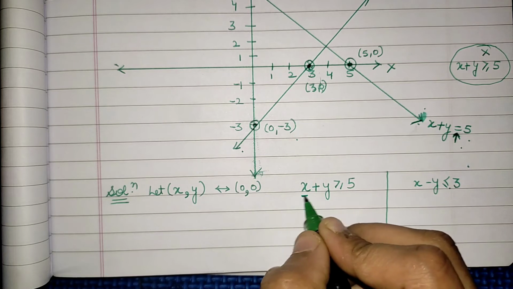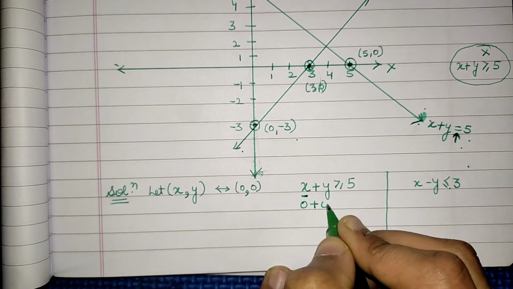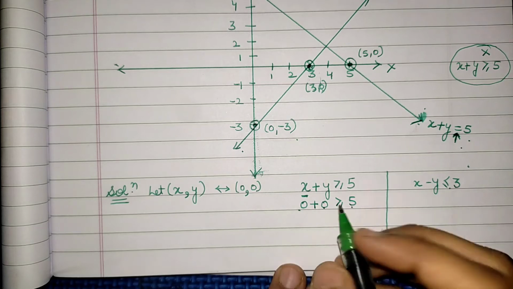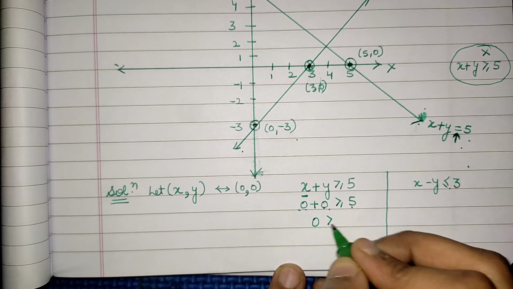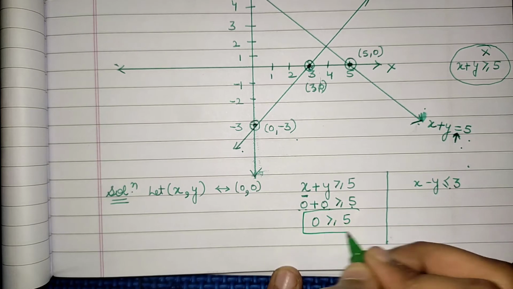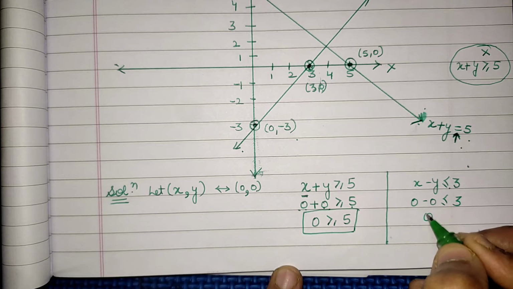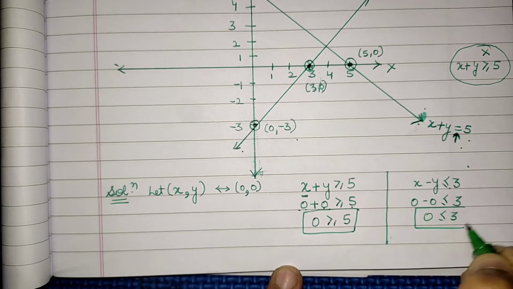Okay, so if I put x equal to 0 and y also equal to 0 in my first equation, then my equation will become 0 is greater than 5, and this will become 0 is less than or equal to 3.